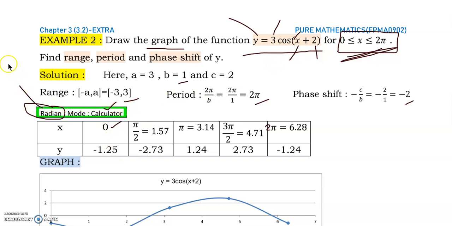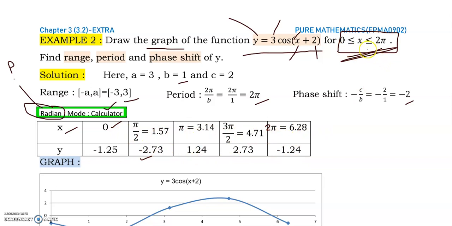That's very, very important. Next, the value of x is 1.57. So substitute 1.57 for x: 3 cosine 1.57 plus 2. Then you will get y. Similarly, you can find the values of y for the given x values.